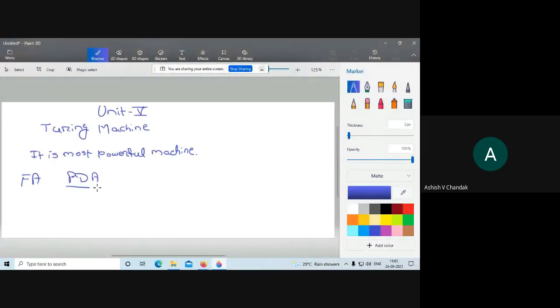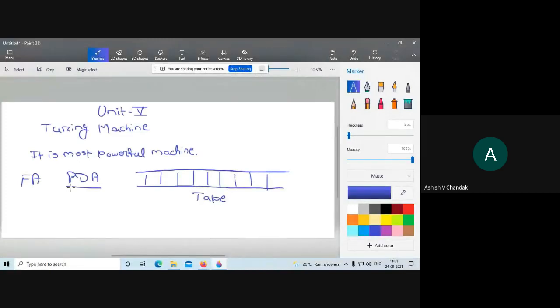PDA contains memory in the form of a stack, but Turing machine is more powerful. The reason is every finite automata, PDA, and Turing machine all contain a tape.